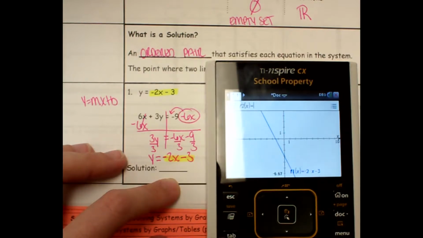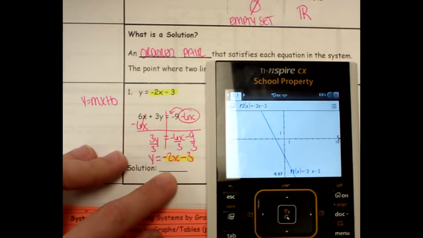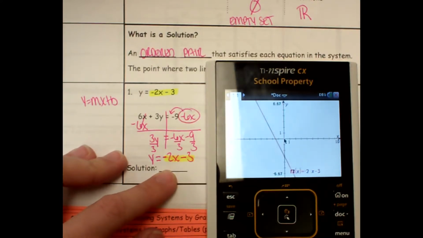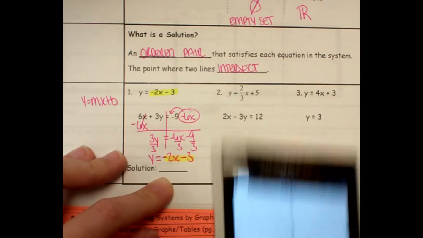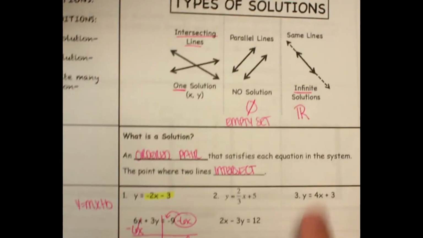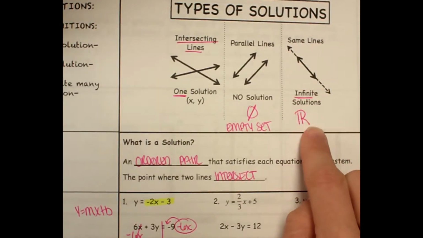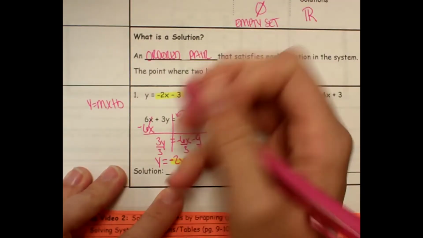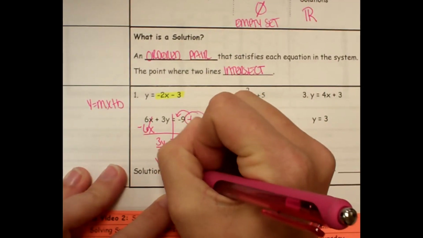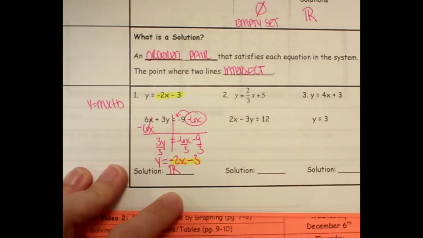If you hit tab, it'll come up again. You can do negative 2x minus 3. Oh, by now some bells should be going off in your head. They're the same line. So if they're the same line, you're going to have all real numbers. How do we know? If we go back up, same line is an infinite solutions. So down here, we can draw that funny looking R, infinite solutions.